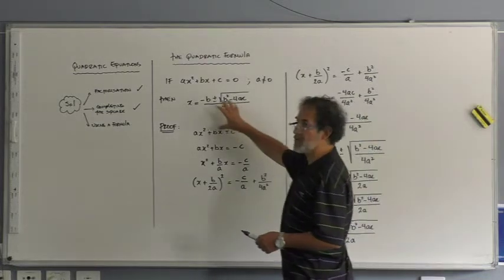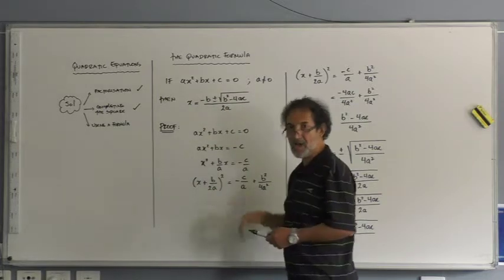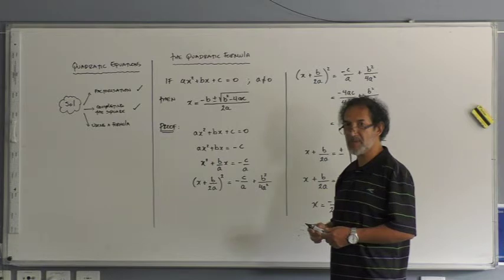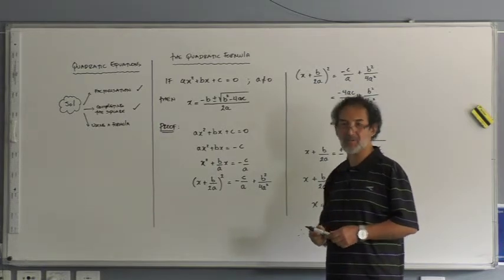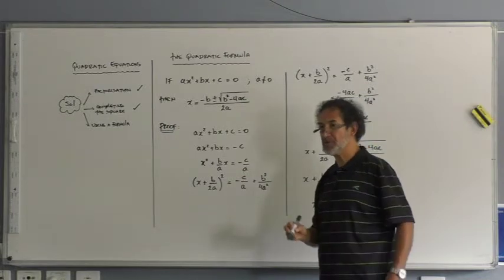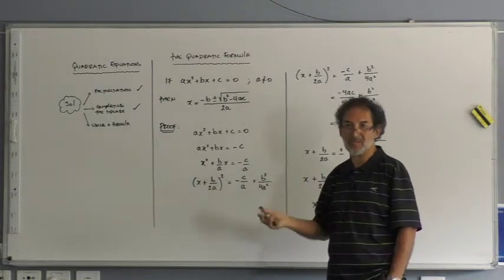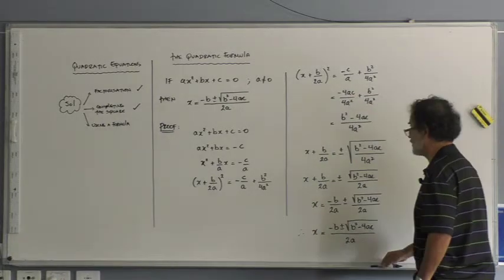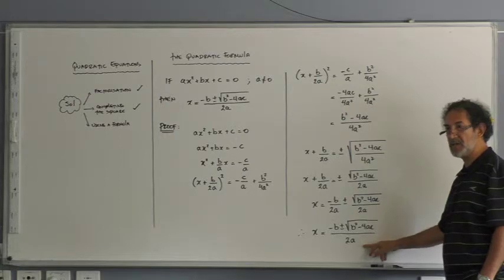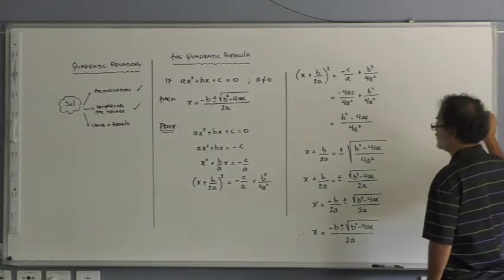Believe it or not, sometimes using the formula is going to be longer and much easier to make a mistake than doing factorization or completing the square. So you need to look at the equation and see what you need to do. I want you to highlight this because now we're going to be doing some questions.